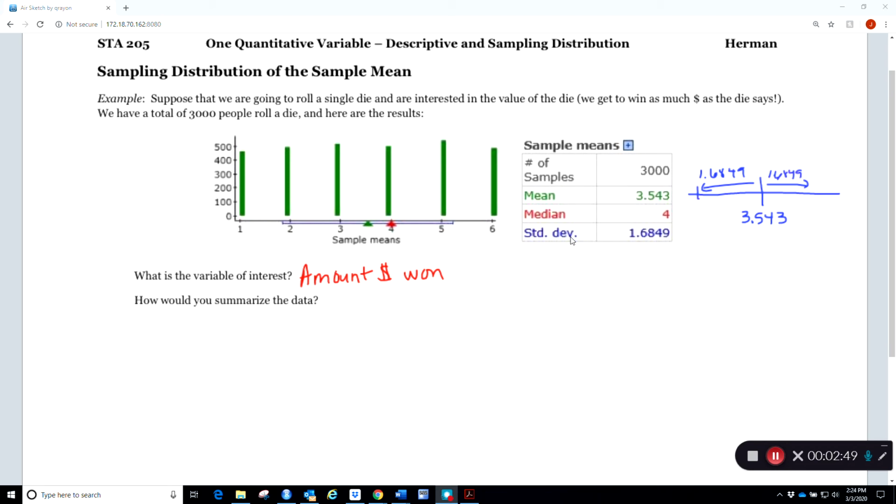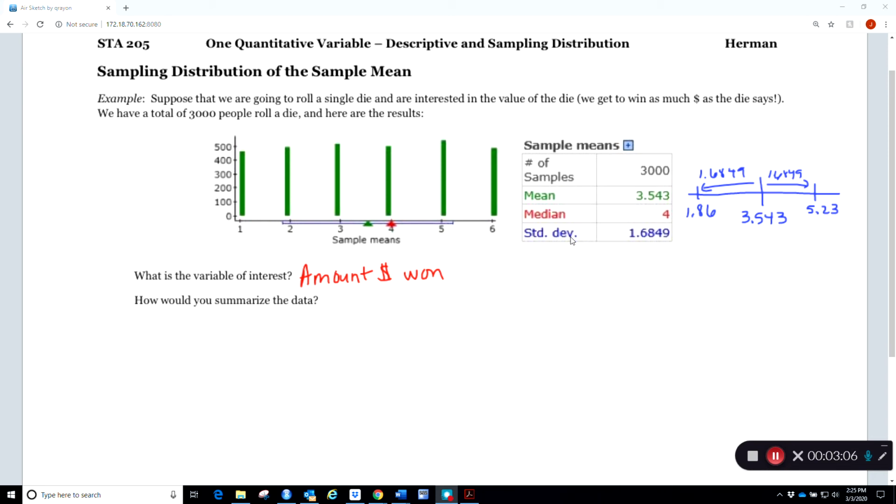And then since this is money, I end up rounding it to just 2 decimal places. And so we'll be using those numbers in our interpretation here as well.